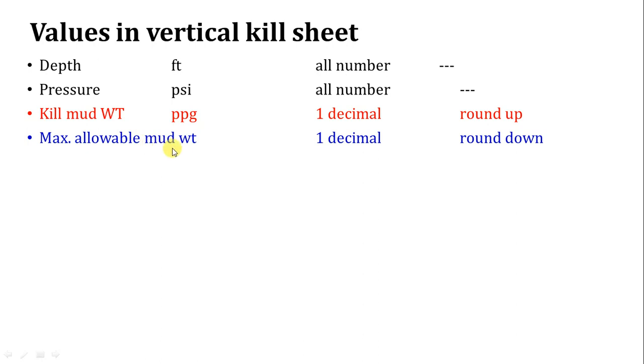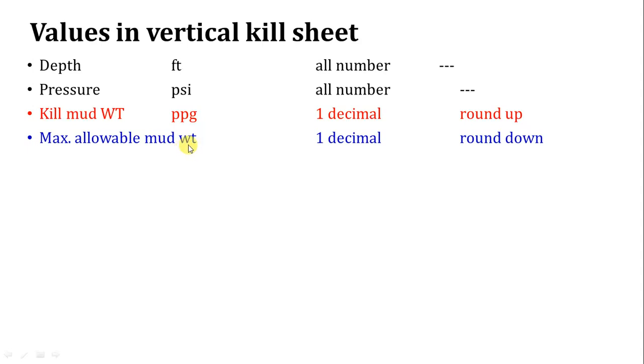The maximum allowable mud weight means the mud weight that the formation can withstand without fracturing. More than that value means fracturing of the formation. So we have to round it down.